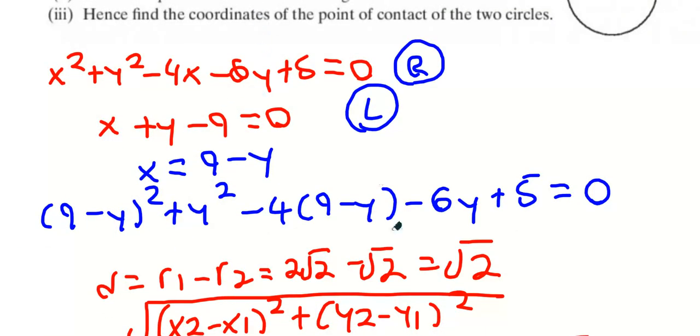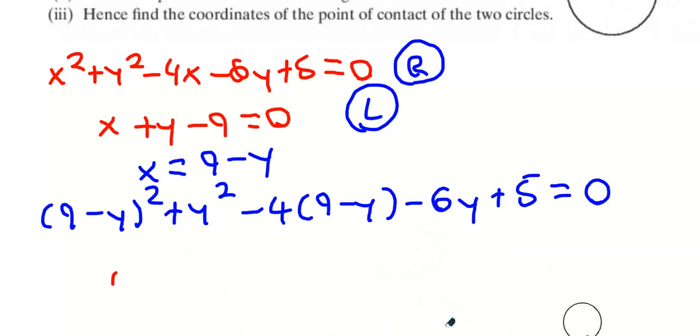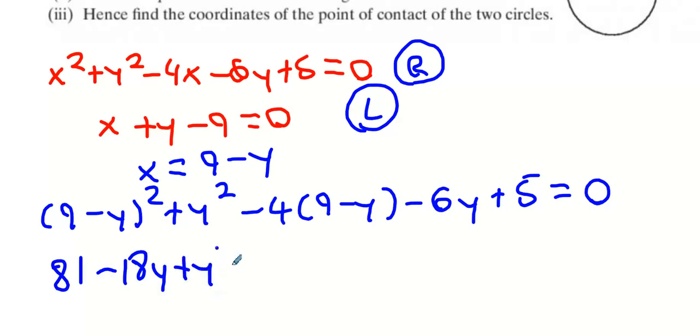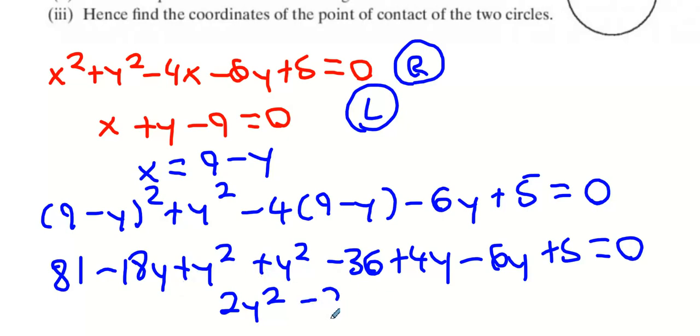So if you square this out, it's going to be 9 minus y by another 9 minus y. Anybody know what to do there? Plus y squared. Okay, what happens now? 2y squared, yeah. Minus 20y.